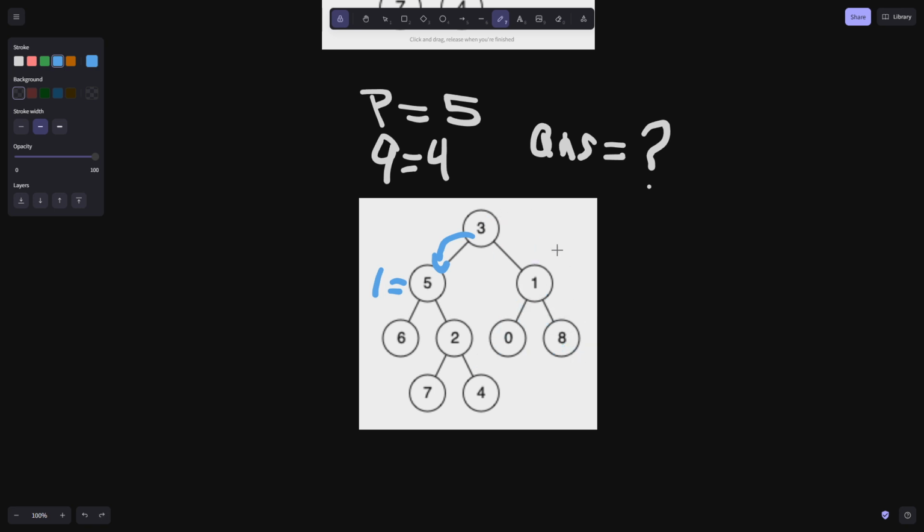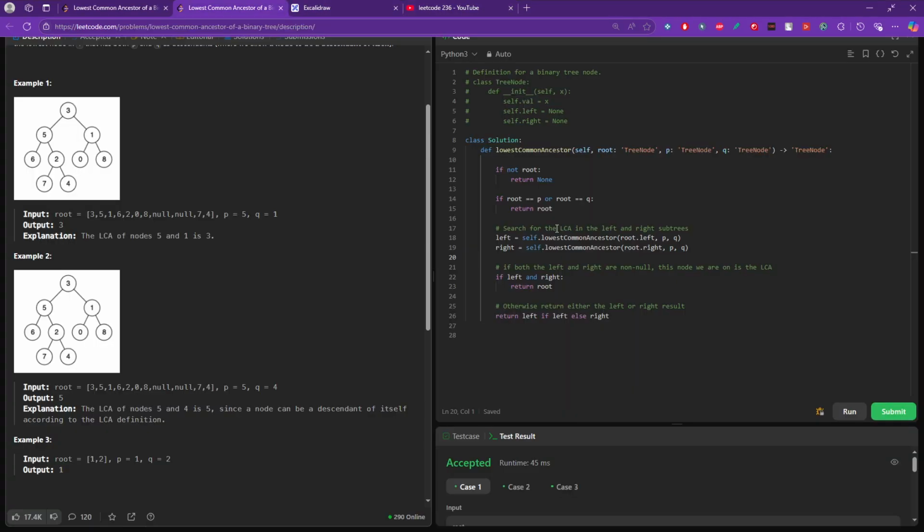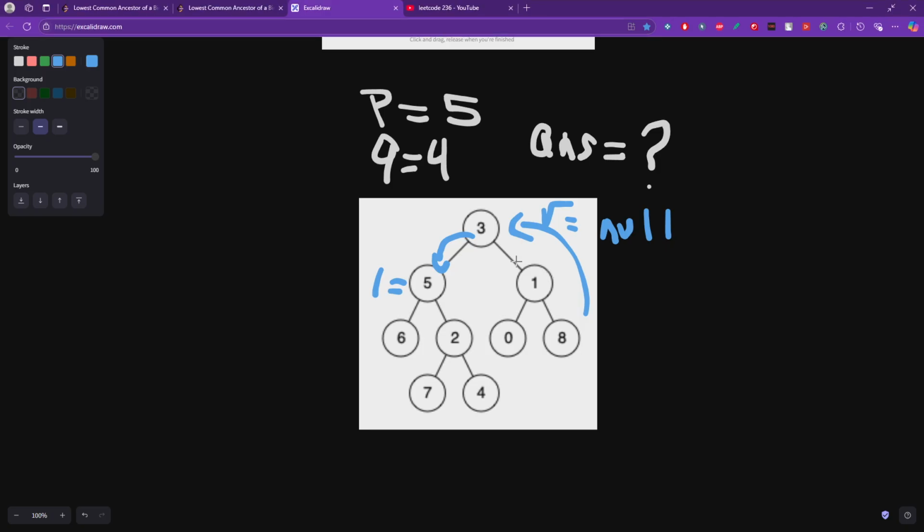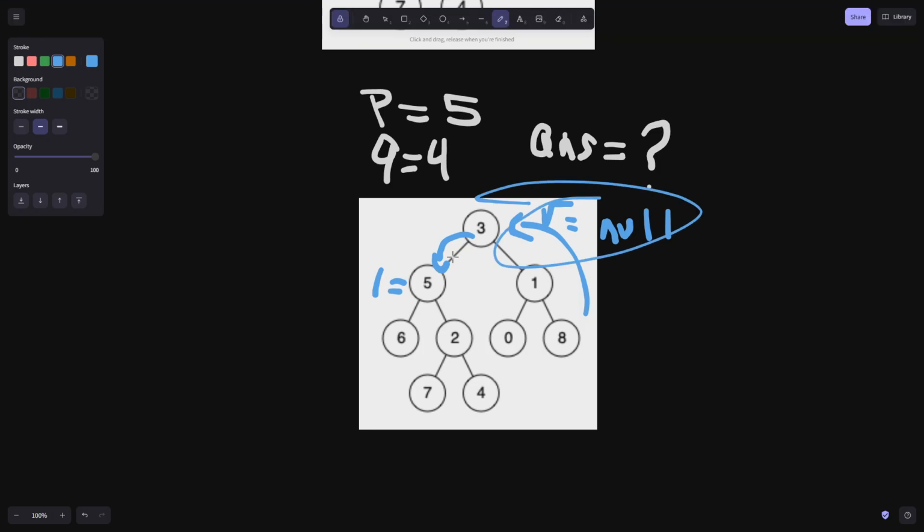So when we go all the way back up, right is basically just null. So in that case, return left if there is a left, otherwise return right. There is no right, but there is a left, so we return the left, which is 5, and that should be our LCA.